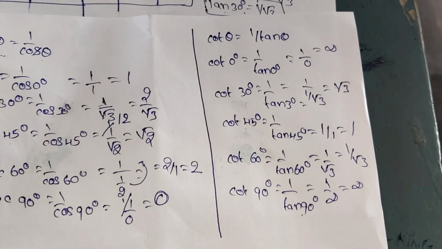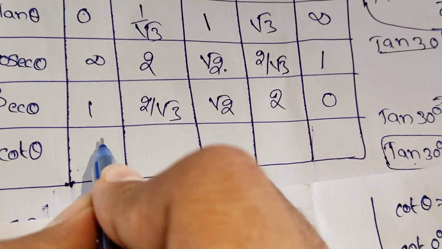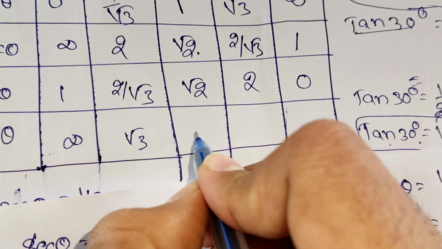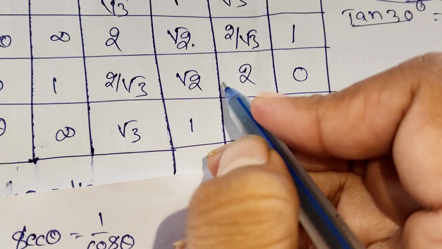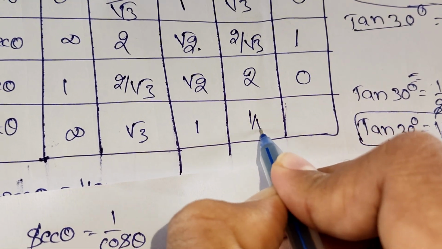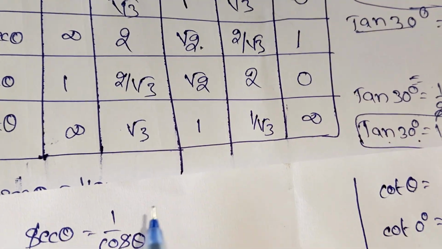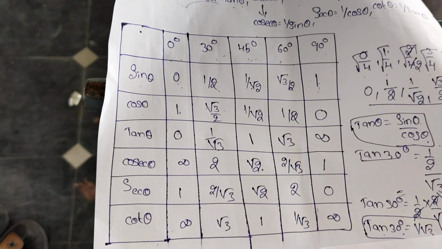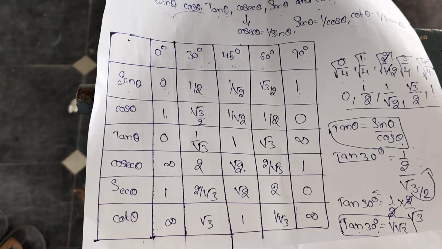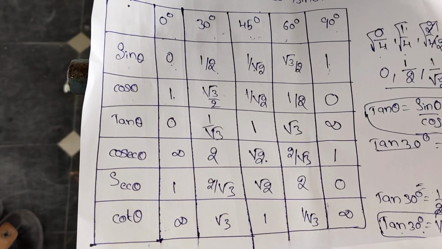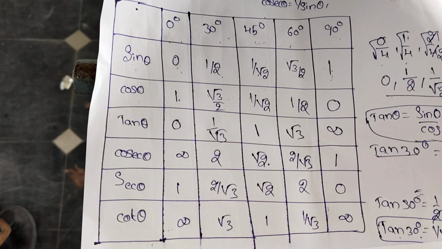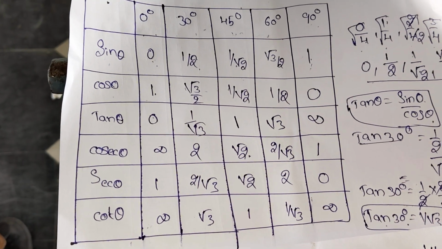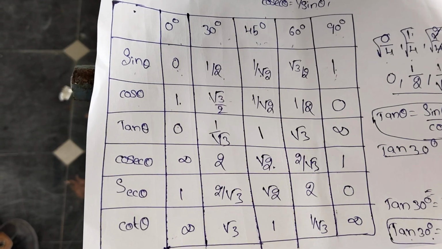The first one is infinity, the second one is root 3, tan 45 degrees gives 1, and tan 60 degrees gives 1 by root 3, and the last one is 0. So these are the table values of trigonometric functions.